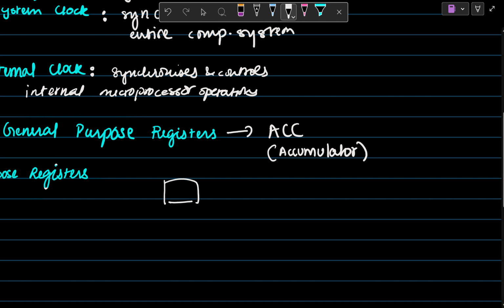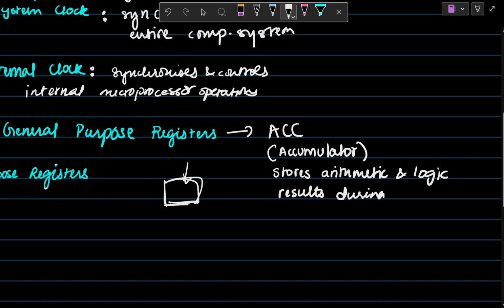So accumulator is basically where the data of the program that's currently running is. Okay, so accumulator stores arithmetic and logic results during program execution.